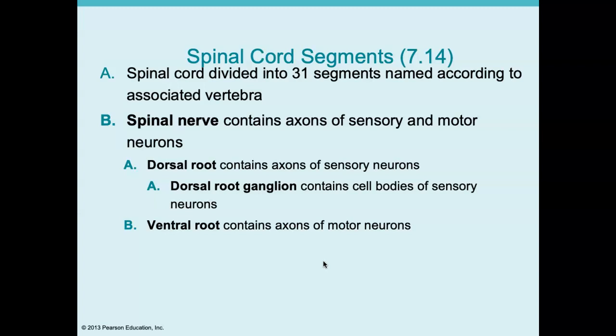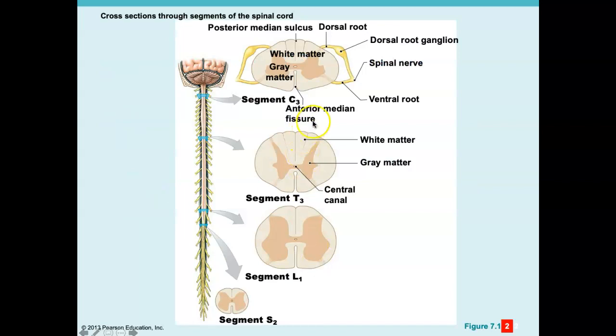Each spinal nerve is a mixed nerve in that it has both sensory and motor neurons. Incoming sensory information goes to the dorsal root, and outgoing information comes out the ventral root. So you can see these yellow. They'll always show spinal nerves in yellow. Here's our spinal nerve, which is a combo of sensory and motor.